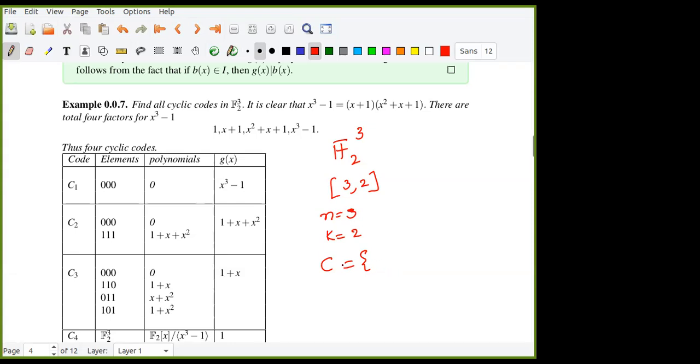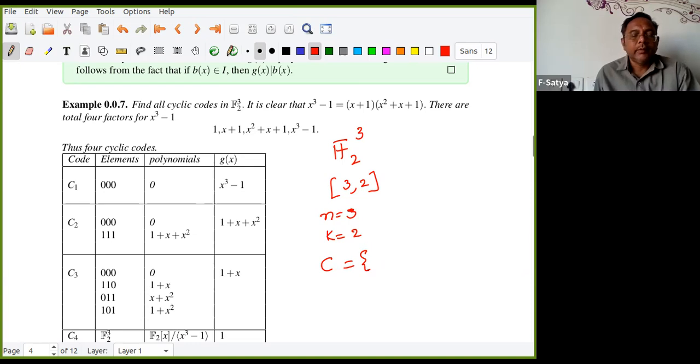What are those? Since I have not told you C, but 4 vectors are there. So what is the dimension of the code? The dimension is k, right?